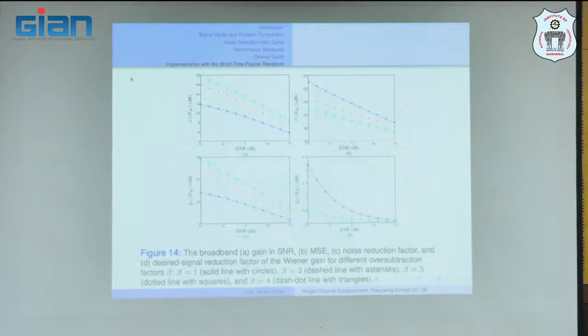So we have less distortion. But still we have distortion. So you see, when we increase the noise reduction factor, we also increase the desired signal reduction factor. So we have more distortion. We pay for that, okay? So when we have more noise reduction, more signal distortion. And the MSE, mean squared error, decreases.